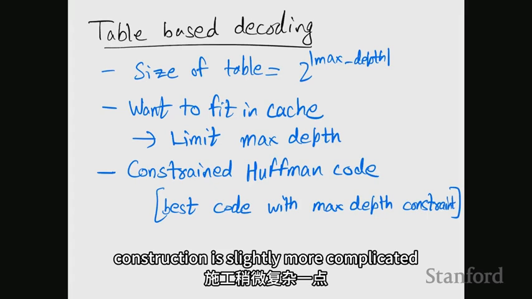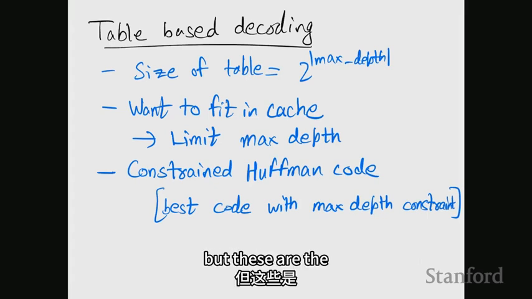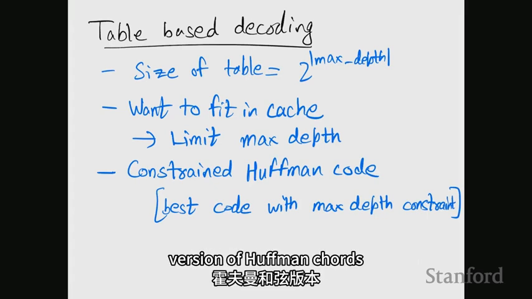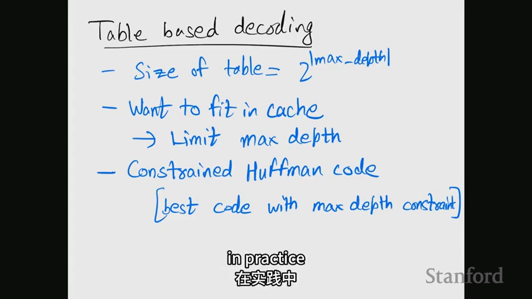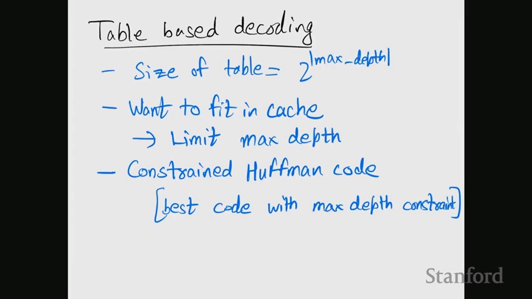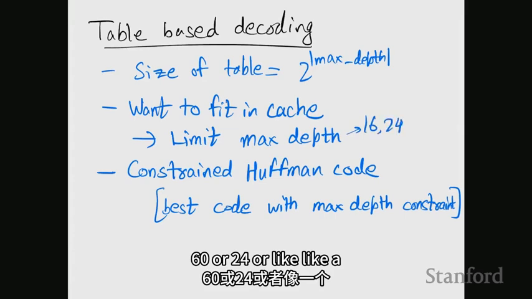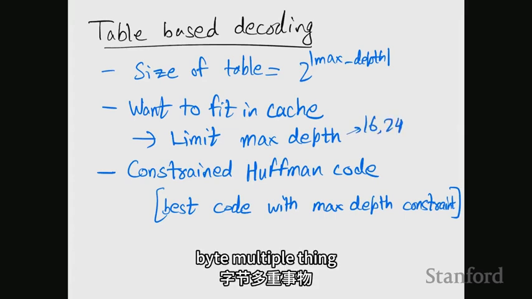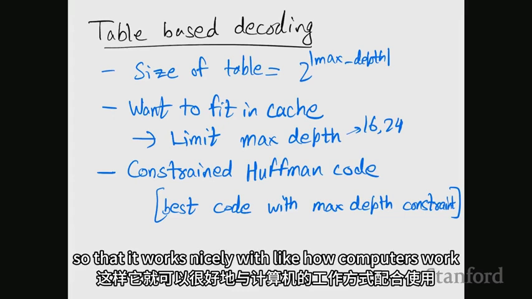The construction is slightly more complicated than your usual Huffman codes, but these are the versions of Huffman codes that you will often see being used in practice. You want to constrain the max length, and often you want to constrain it to like 16 or 24 or a byte multiple, so that it works nicely with how computers work.